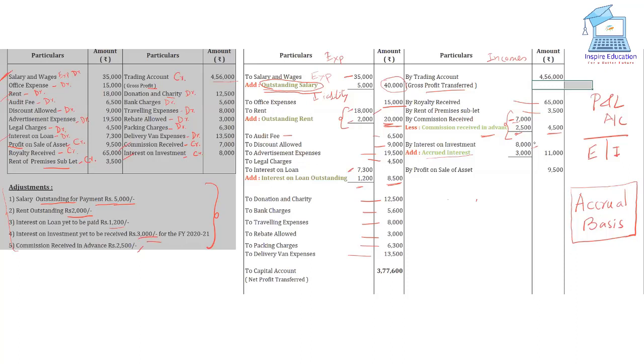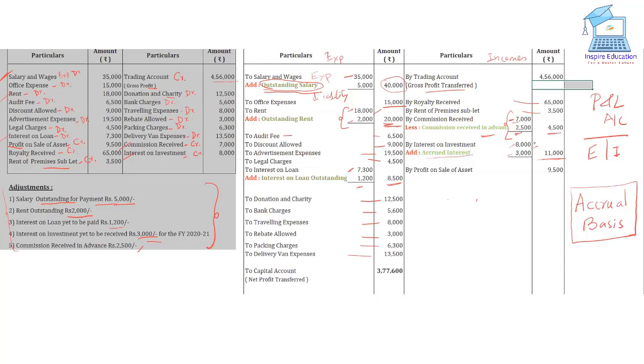So we have not yet received this amount of interest on investment, but we have to show it in the profit and loss account as our income. 8,000 we have received, 3,000 we have not received. So altogether, received and not received together, 11,000. This is the interest income on investment.